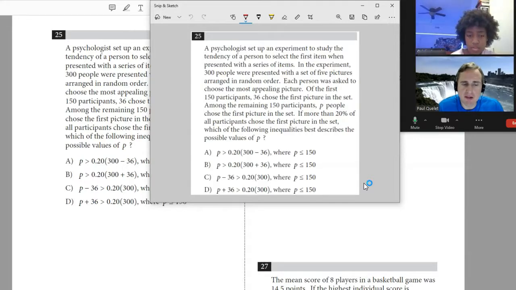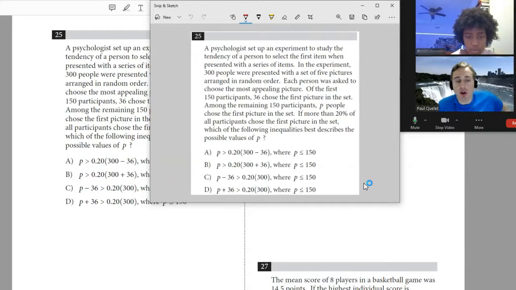So I'm thinking it's either choice C or D. Do you see how I'm narrowing it down? Because 20% of 300 is 60 people, so we have to have a number that's greater than 60 people.